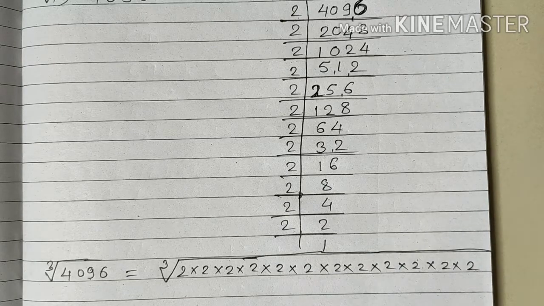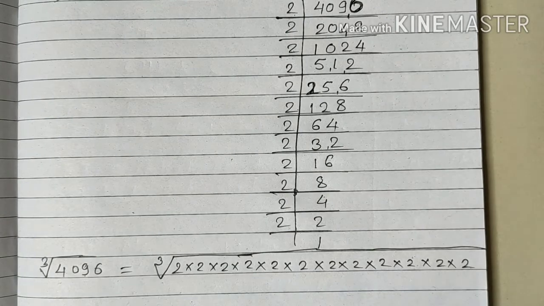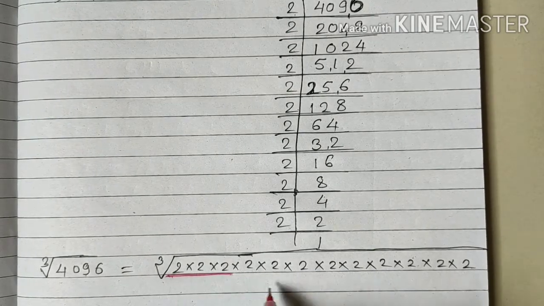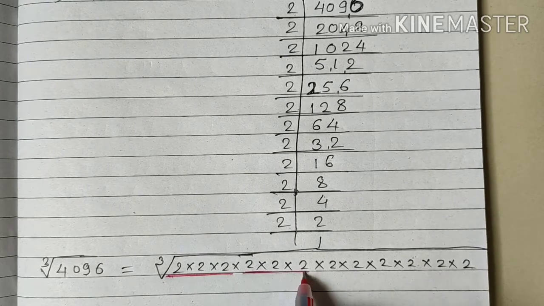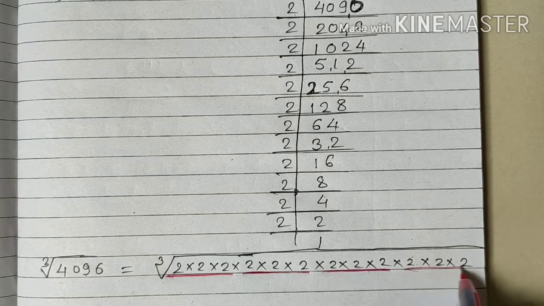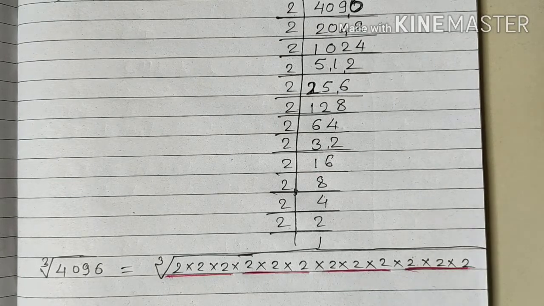Now let us make a triplet of 2's. One triplet is completed. It is our second triplet, third triplet and 4 triplets. Means there are 4 triplets of 2.